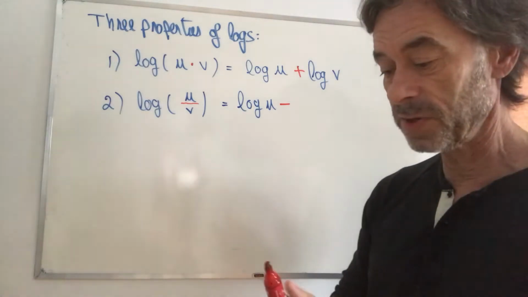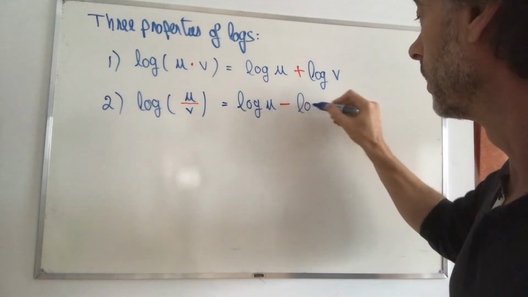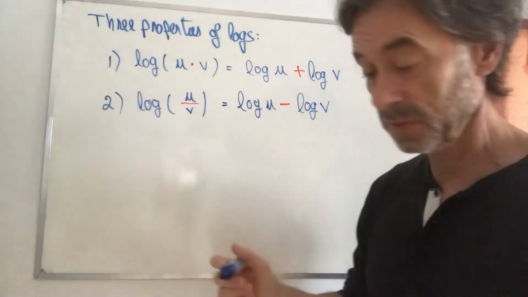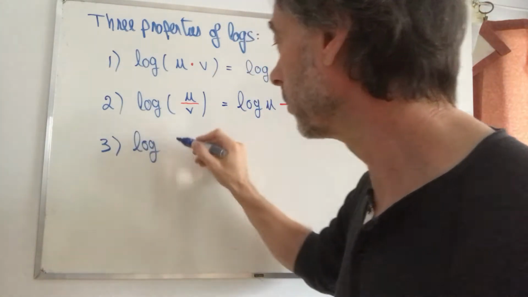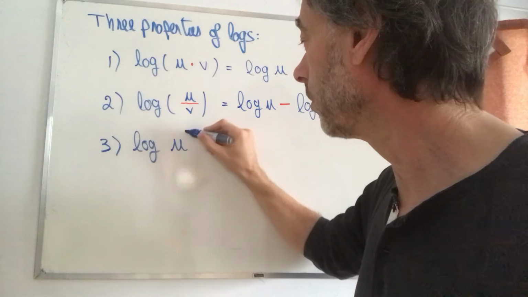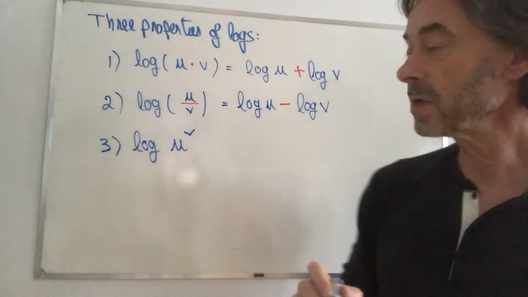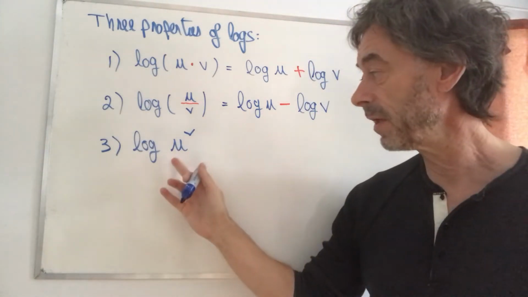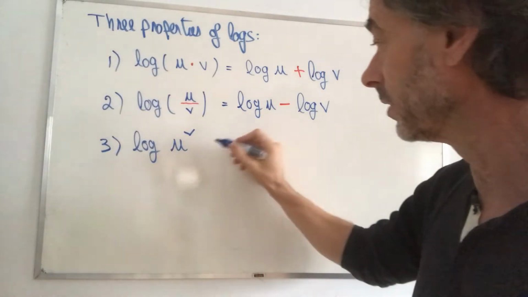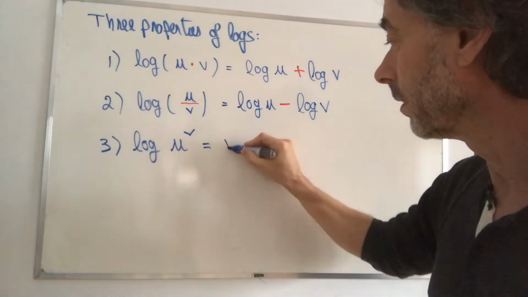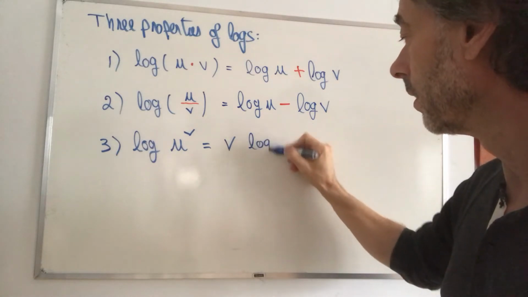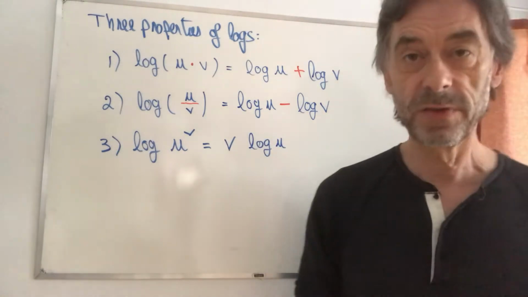So the log of a division is a subtraction of the logs. And finally, another important one, log of u, this time to the power of v. So let's say a function to a power of a function. Nice property that allows us to take the v in front of the log of u.